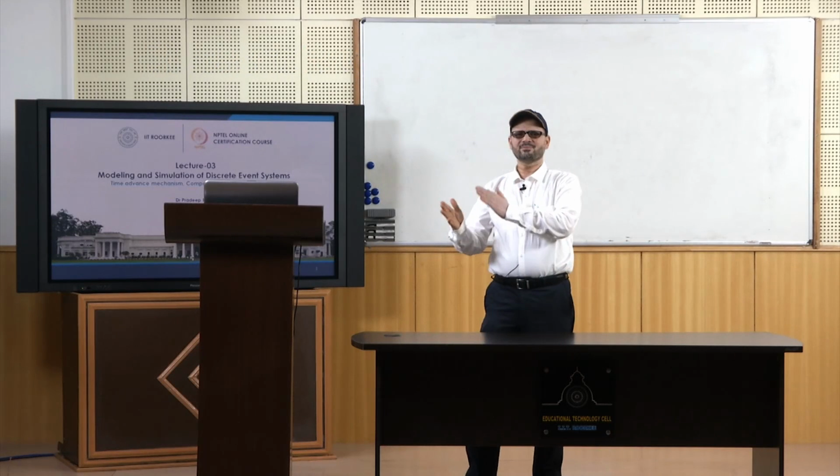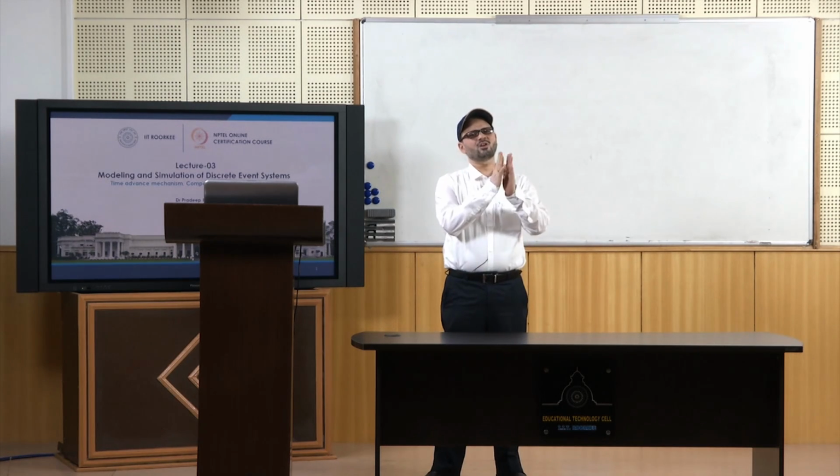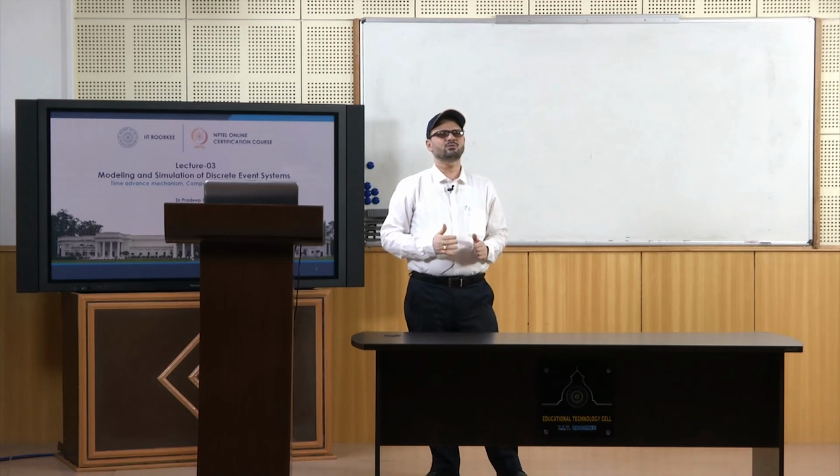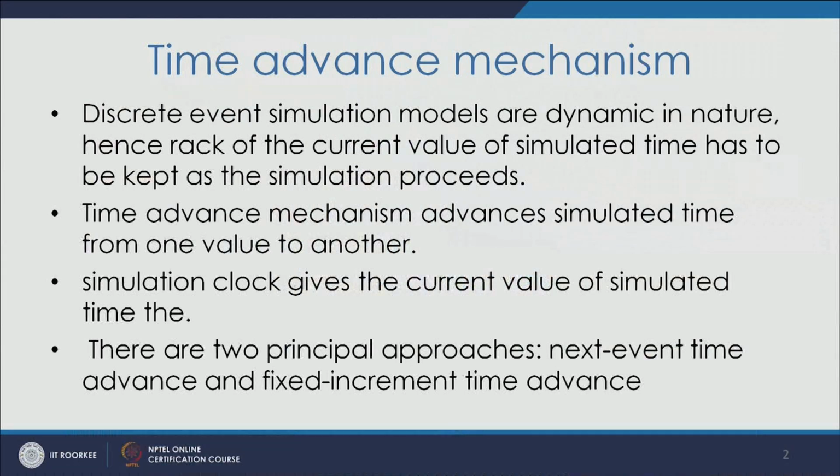As the event occurs, it is happening at a different time and the simulation clock will go to that particular time. Simulation clock gives the current value of simulated time.